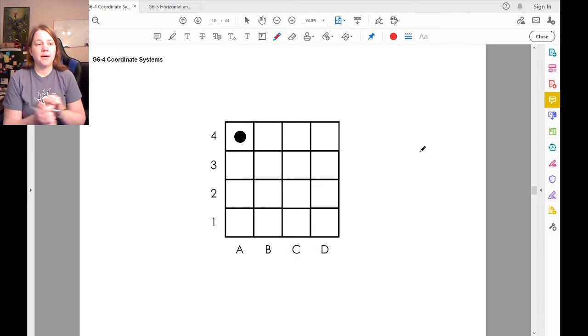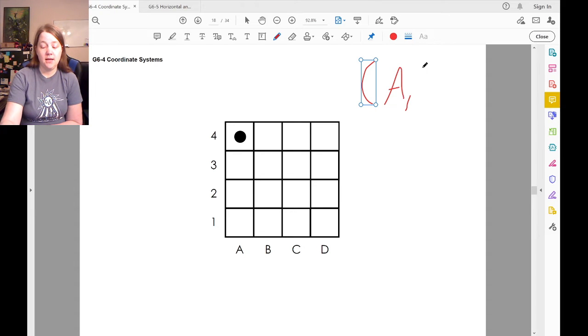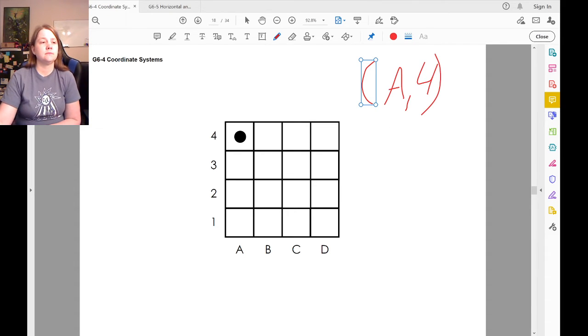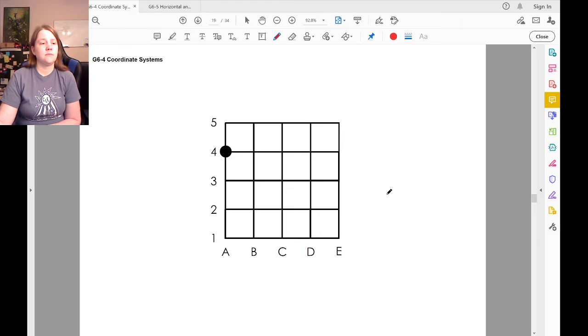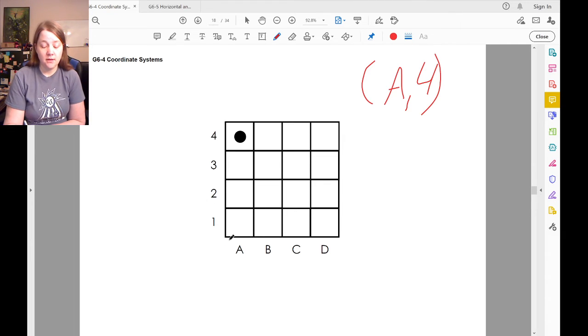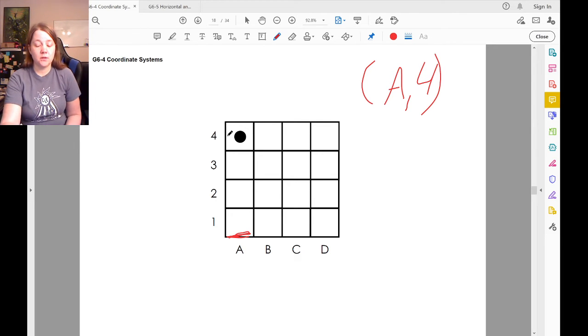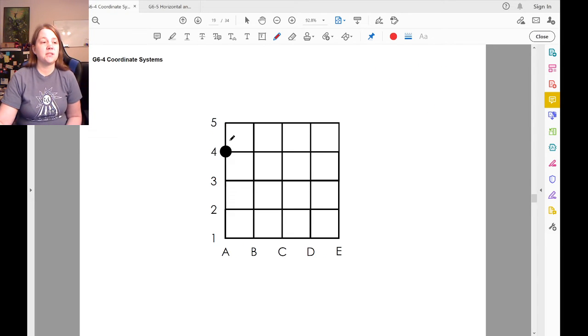Where would this spot be? Well, it's in the A column, and it's in the 4 column, so I'd call it A4. Notice how here the A is underneath the squares. The 4 is right at the squares.